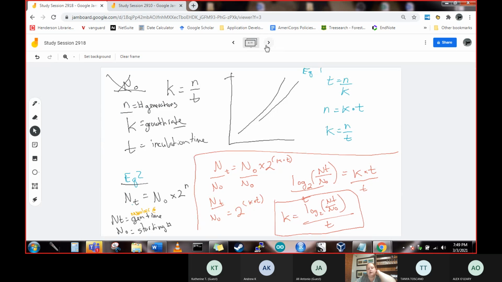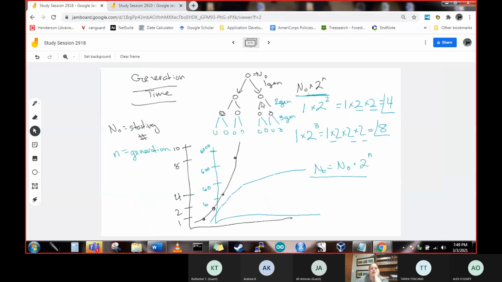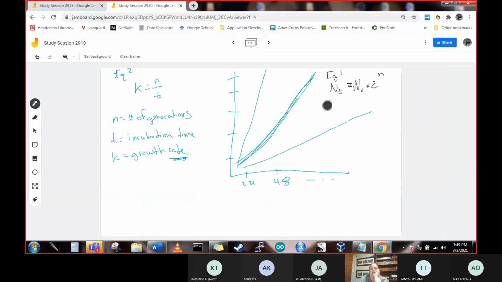Number at time t, basically. So basically your ending amount. You can solve for your growth rate or the incubation time. I think usually you want to be solving for that growth rate because you want to know how fast your colony is growing. So in order to do this, you can combine them with this variable n, because n is the same in both of these equations.